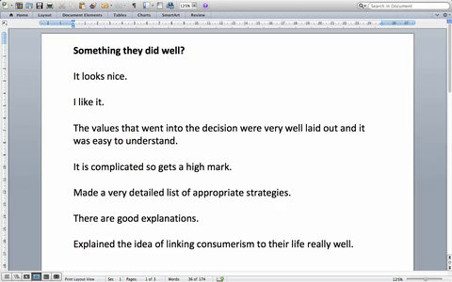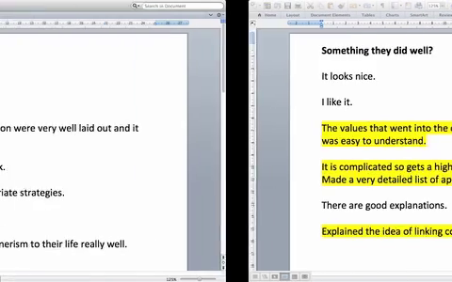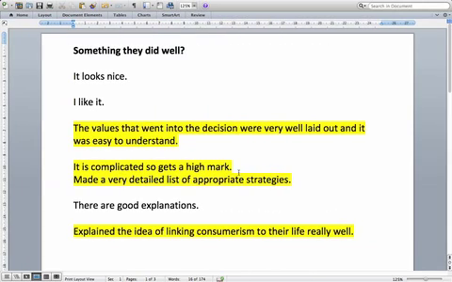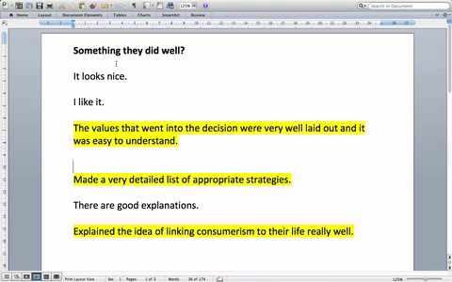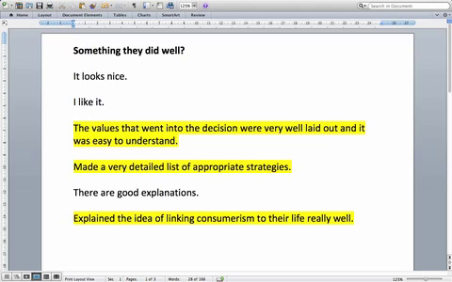Alright, got the ones you think are quality feedback? Keep an eye on them. I'm going to highlight them. Not that one. Are those the ones you got? Hope so. That's what detailed quality feedback looks like. I like it, it looks nice, doesn't tell us anything about the work.